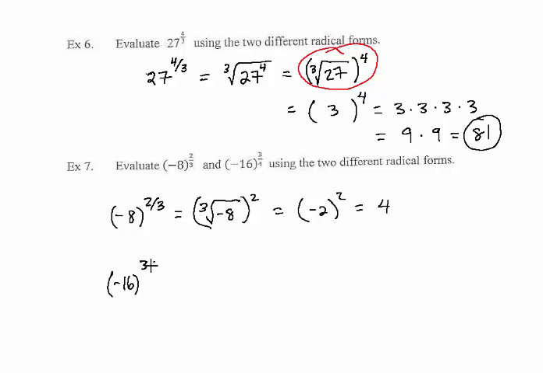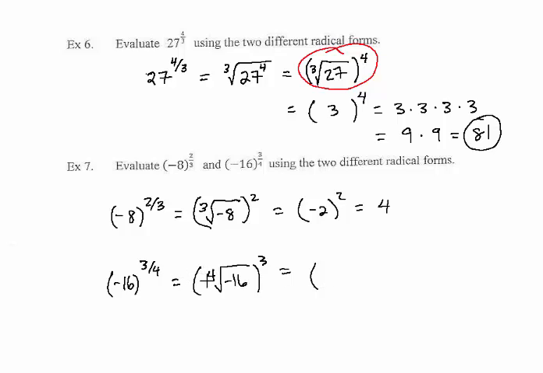For the -16 to the 3/4 power, we write the 4th root of -16, and then we raise that to the 3rd power. So it gives us a different order in which we can apply this 3 and 4. We apply the radical first, the 4th root of -16, and we run into a problem.